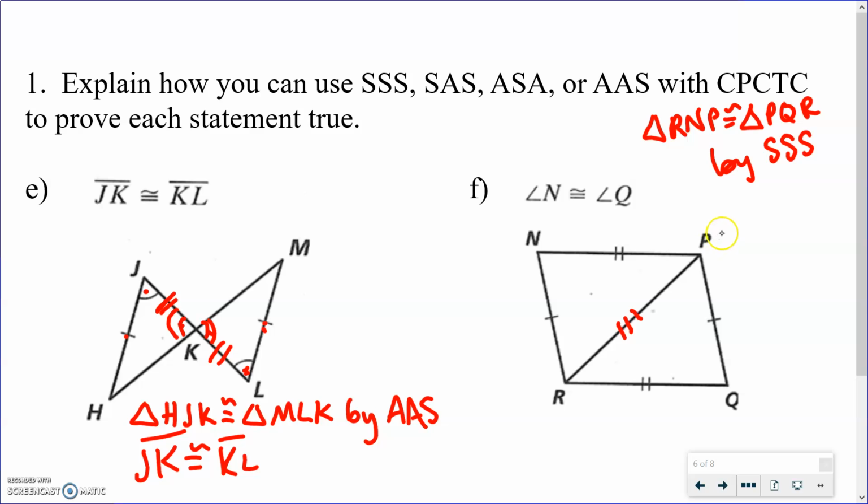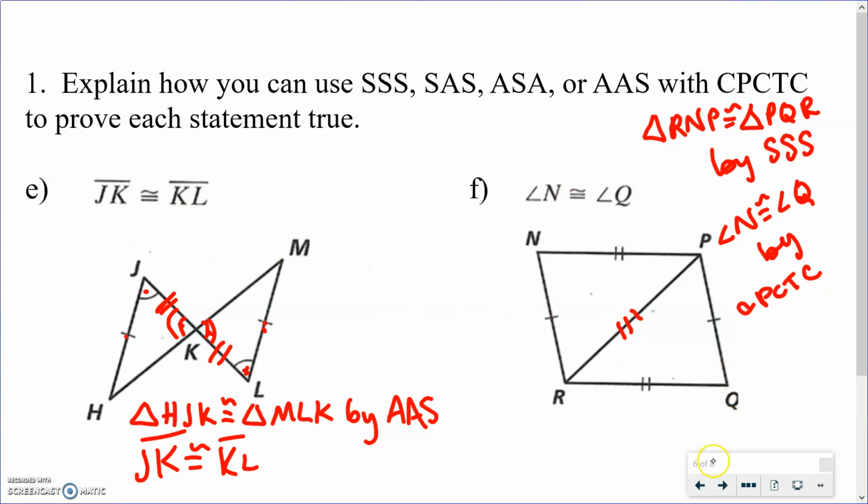So then we can say angle N is congruent to angle Q by CPCTC. Okay, so that's just corresponding parts of congruent triangles are congruent.